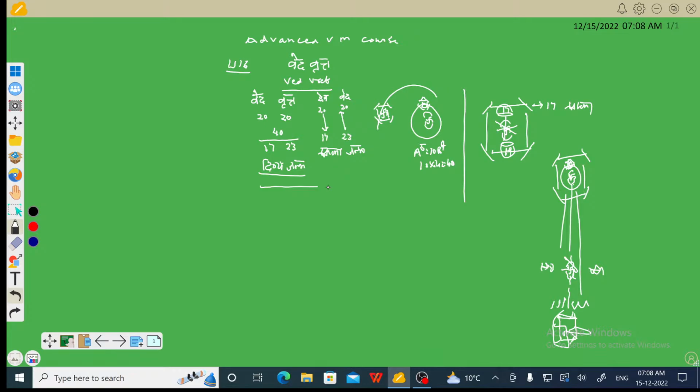Then further, the feature is that as the Vret is there, so for this Vret we will be having a diameter. So it is paridhi, circumference, and here is a diameter, vyas.